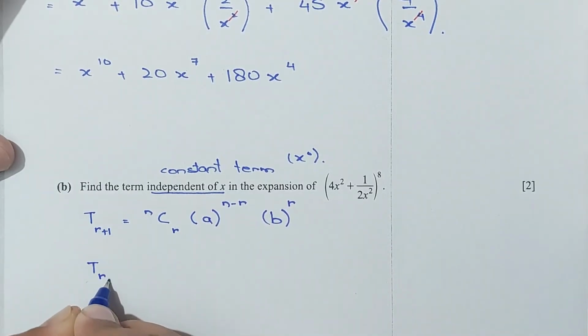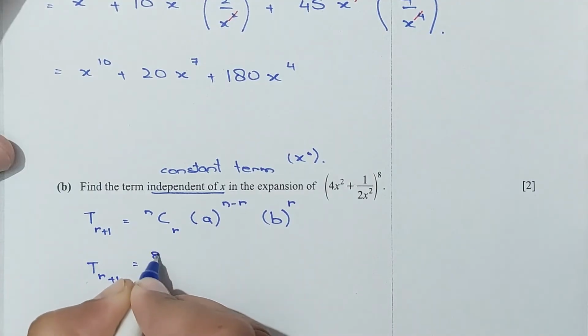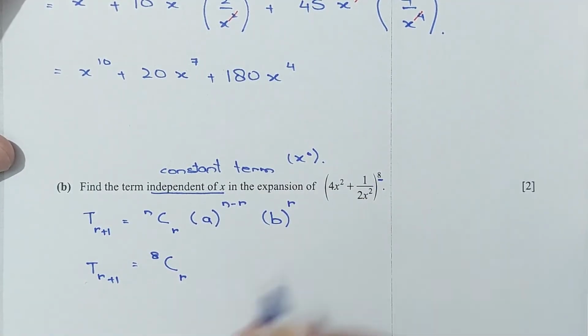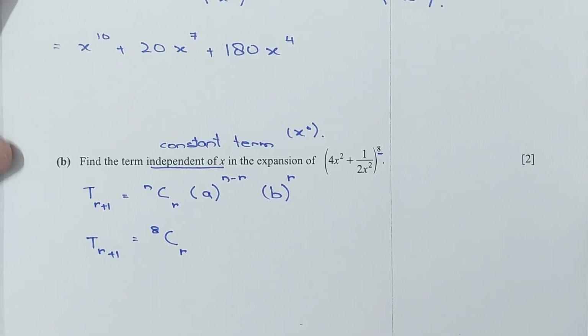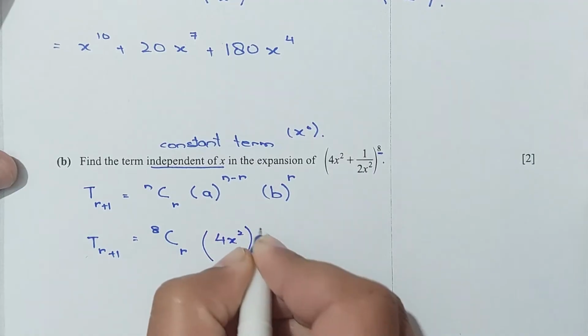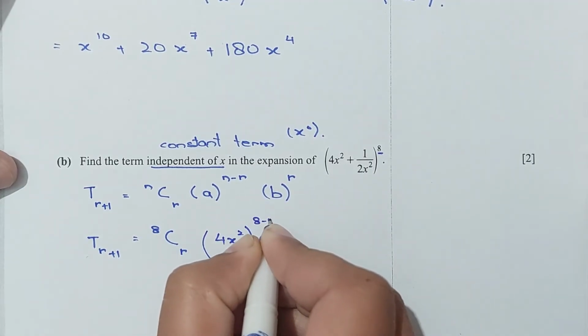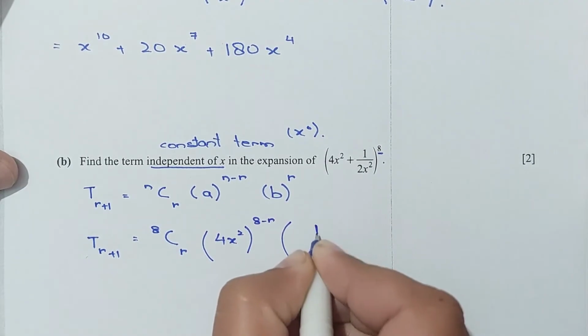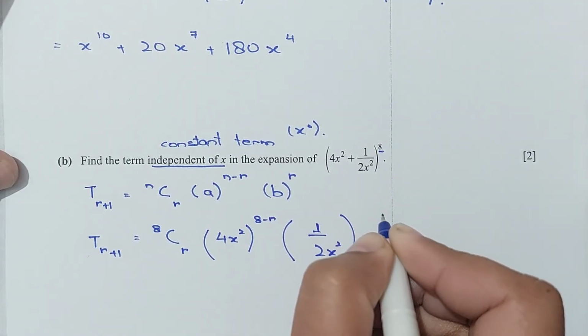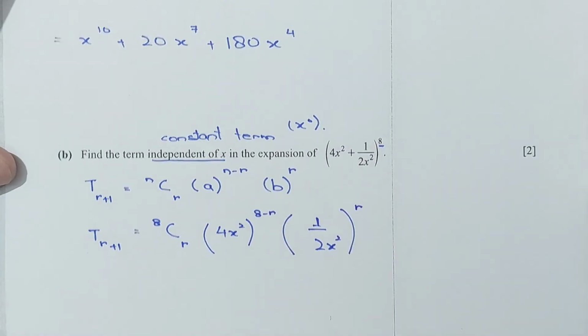So what is tr plus 1? n is 8, c, we don't know r, n is 8, right? The first term is 4x square and the second term is 1 over 2x square. The first term 4x square has power 8 minus r. The second term 1 over 2x square has power just r. We have no idea what r is, right?